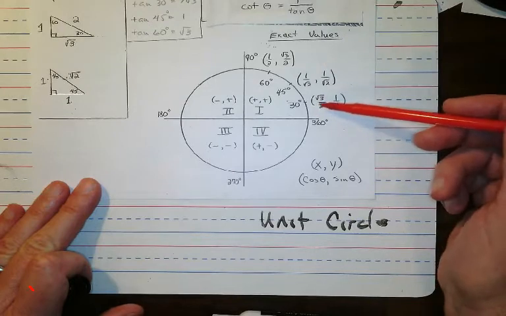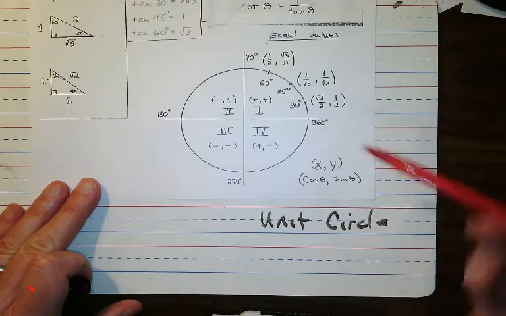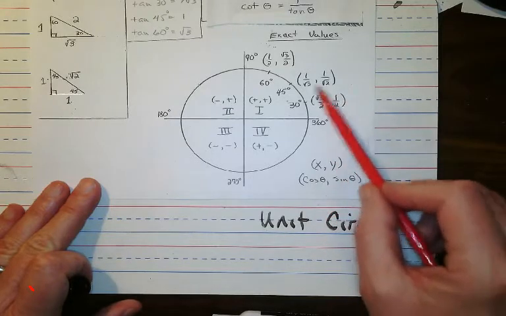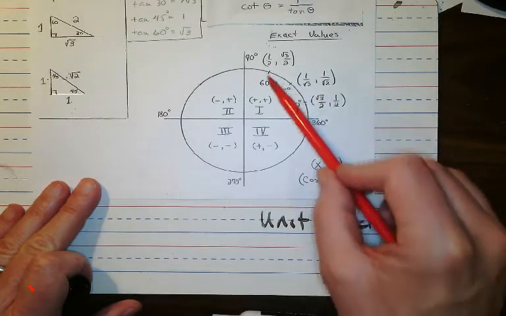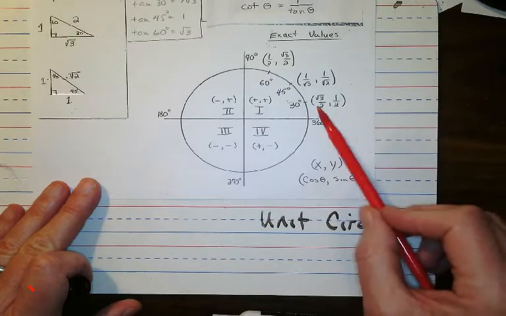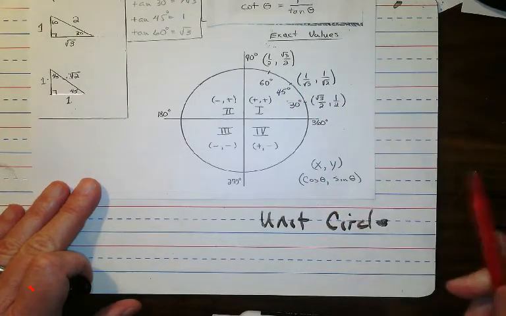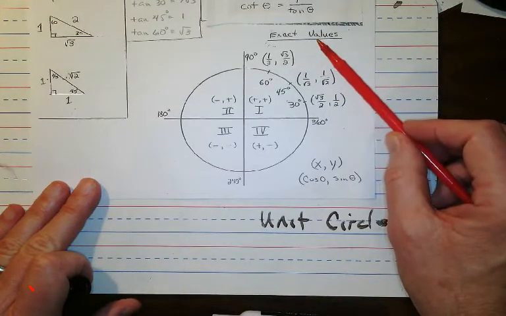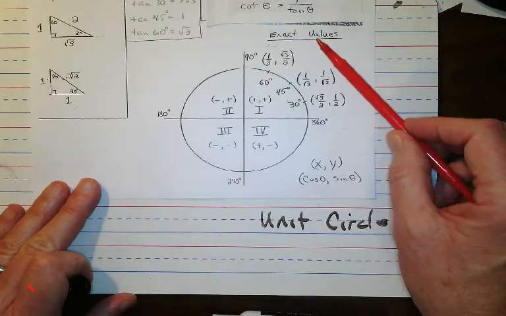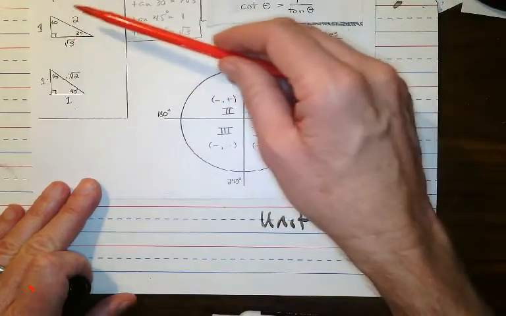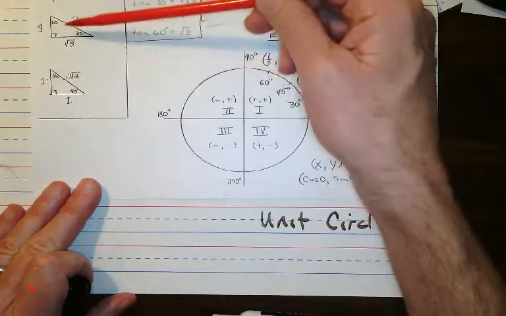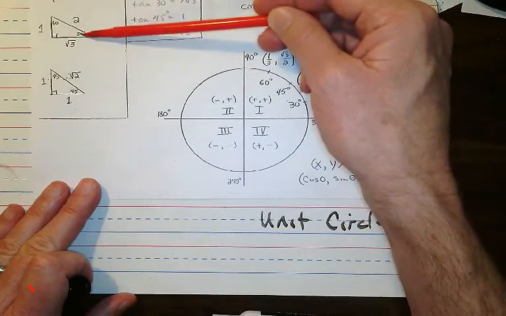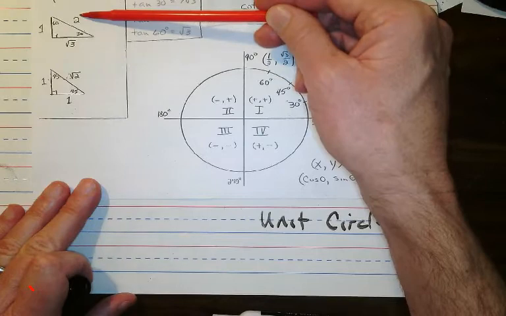Now, the cool thing about the unit circle is that the sine and the cosine are these values. Once you know what the angles are, the sine and the cosine are these values. Now, we learned those exact values back at the very beginning of this chapter on trigonometry. We learned the special triangles, and we learned how to find the sine was exactly 1/2 and the cosine was square root of 3 over 2.